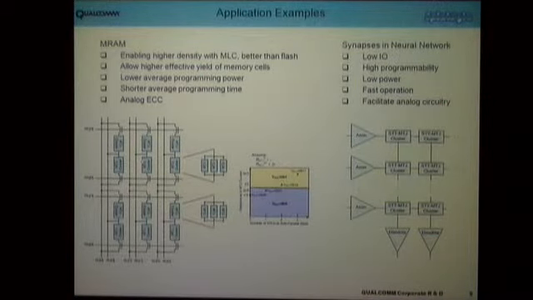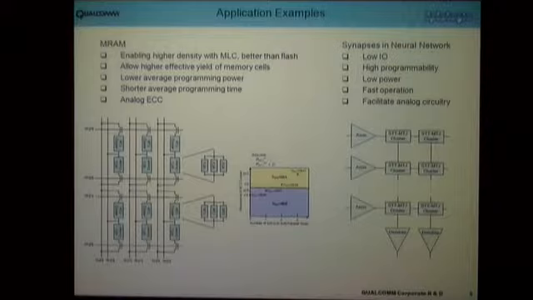So here we're showing two application examples of using STT-MTJ clusters. Multi-level MRAM made out of STT-MTJ clusters can easily have a density much higher than 1 bit per cell, actually 3 bits per cell and per transistor.